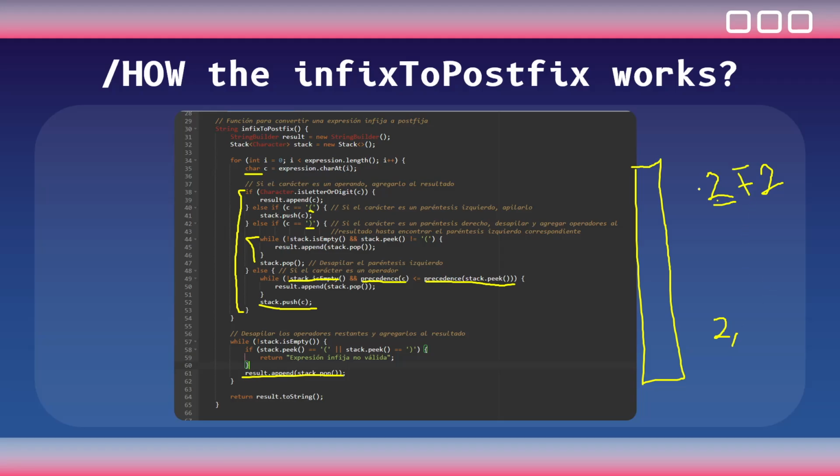Now we evaluate this. Is it a letter or digit? No. Is it a parenthesis? No. Is it another parenthesis? No. So we'll enter in this else. So see if the stack is empty, and if the stack has no value, and precedence of C, return the precedence in this case plus, well, we'll put this into the stack.